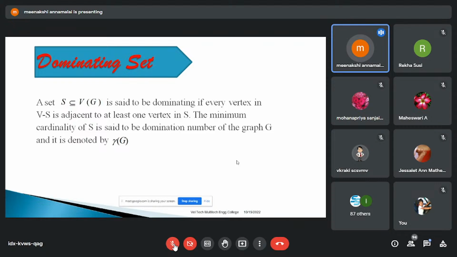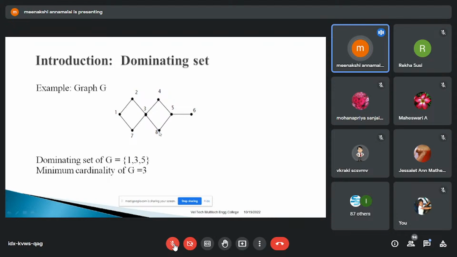Let us consider the graph G, which I'm taking here. For this, the possible dominating sets are, I can say, {2, 4, 7, 8, 6}. The next option is {1, 3, 5}, which is also represented here. Another option is {1, 3, 6}.